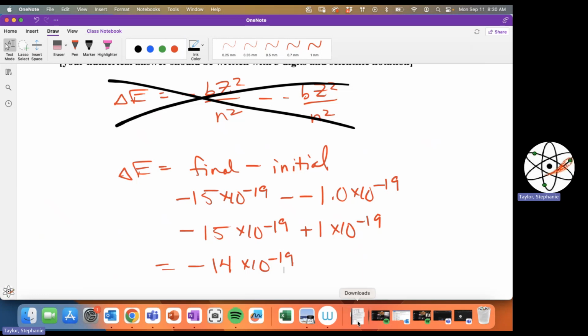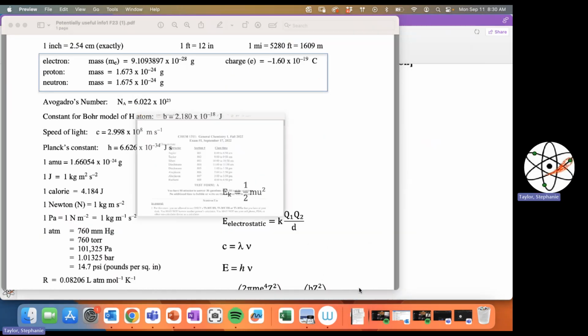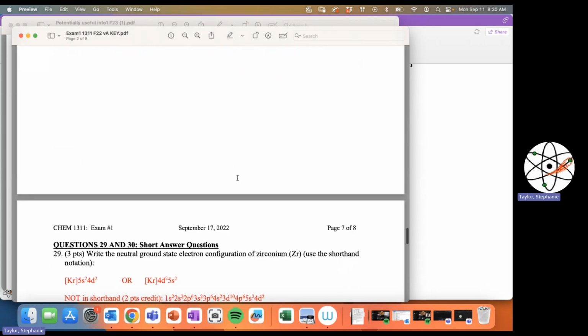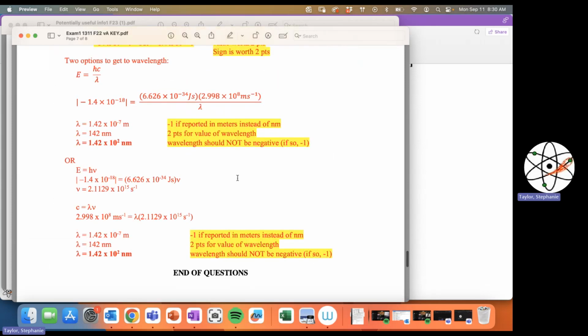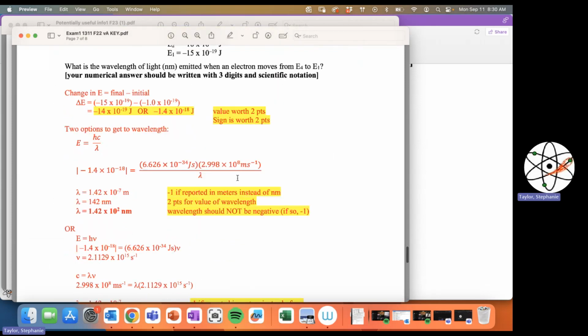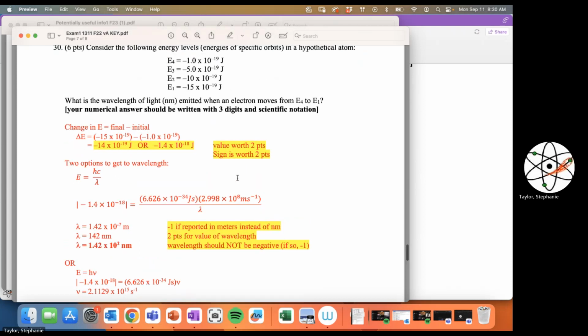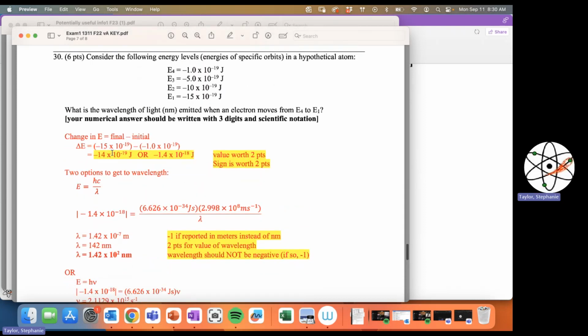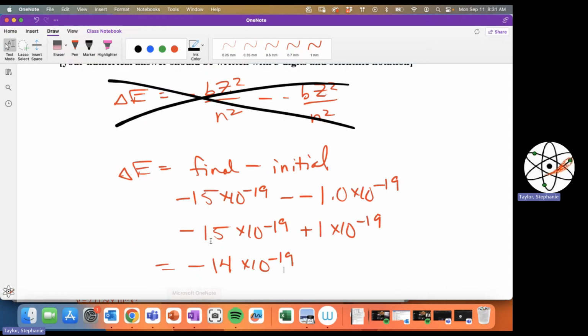I'm going to grab the key real quick. I meant to actually do that as we went along to show you guys that we're chugging right along. So for our key, that's what we did. It does show on here that you either could have done what I did, which is 14 times 10 to the negative 19 or 1.4 times 10 to the negative 18. I know for a lot of you, I've had some conversations that you're like, but this is incorrect scientific notation.